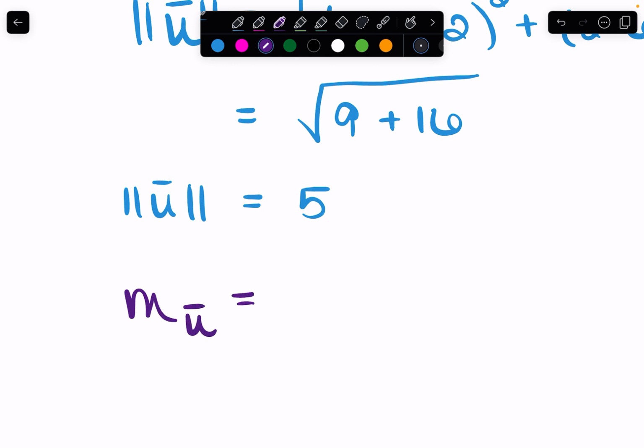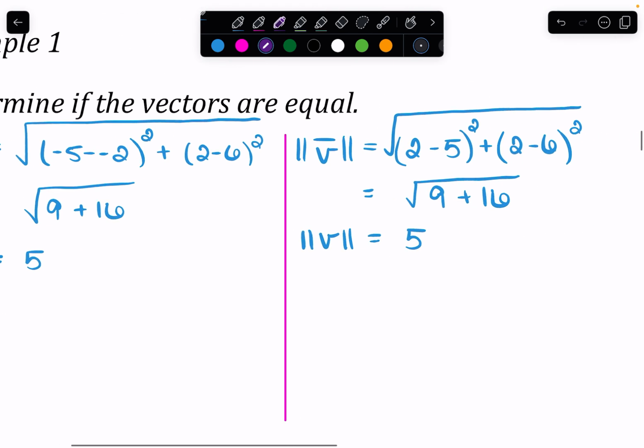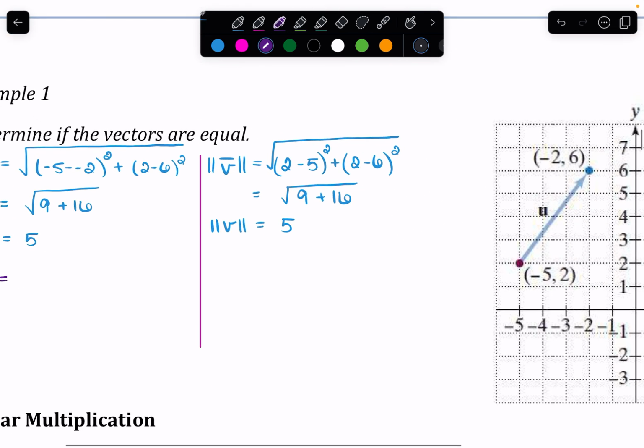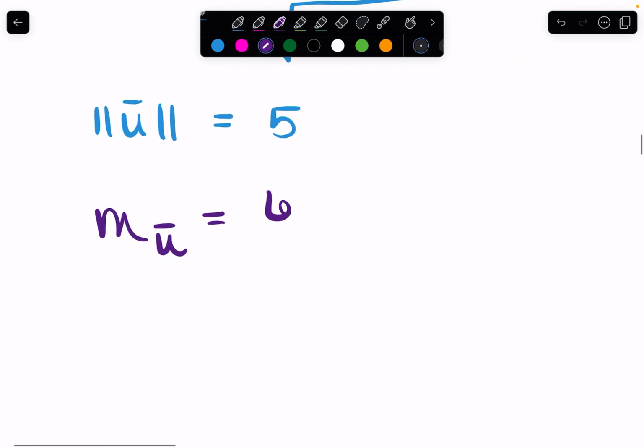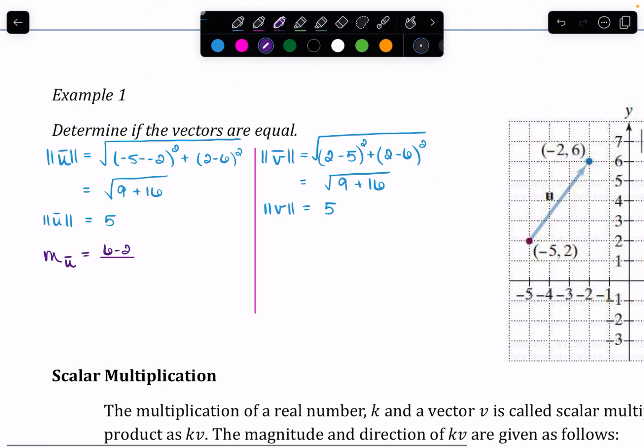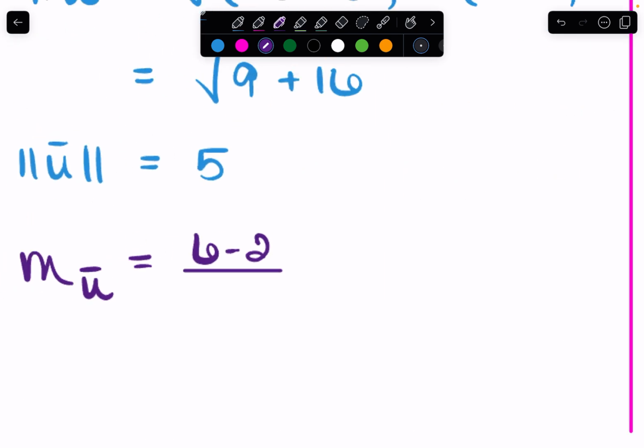Difference in y's divided by difference in x's. So y2, 6 minus y1, 2. So 6 minus 2 over difference in our x's, -2 minus -5.